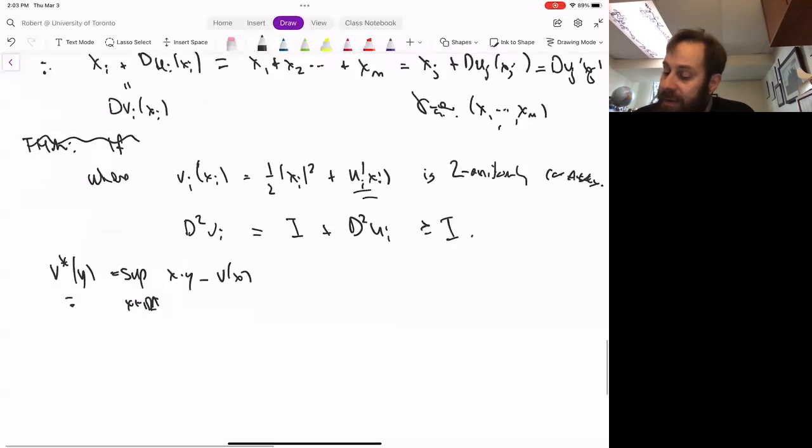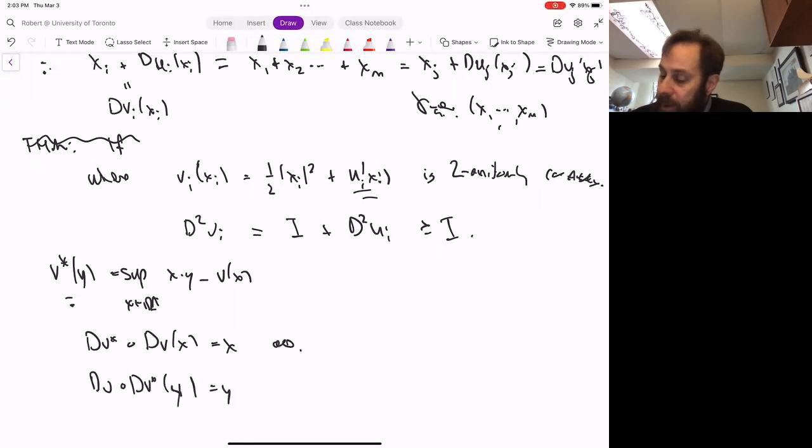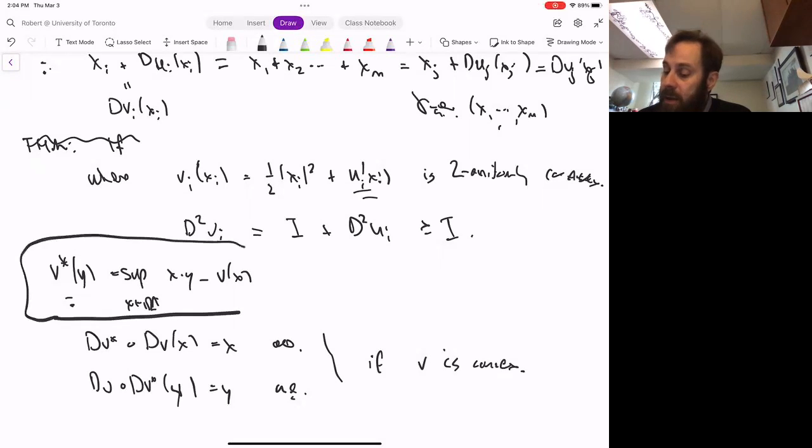And basically this definition is cooked up so that dv star composed with dv of x is equal to x, and dv composed with dv star of y is equal to y almost everywhere, assuming v is convex. This definition is cooked up so that the gradients of v and v star are inverse maps to each other.